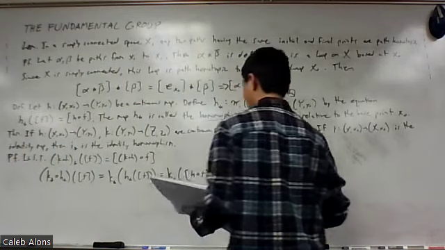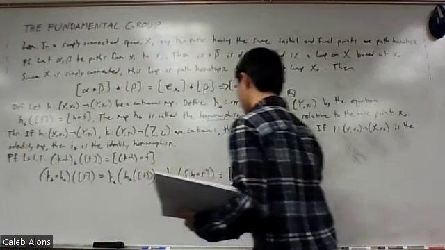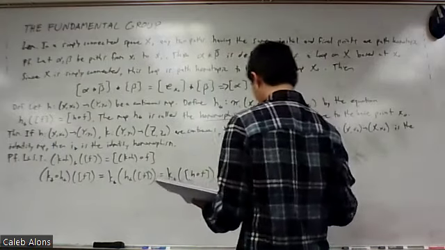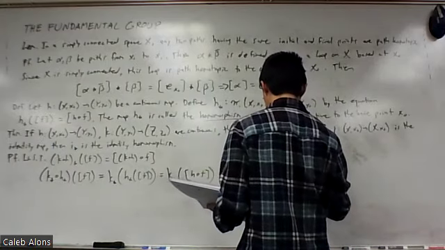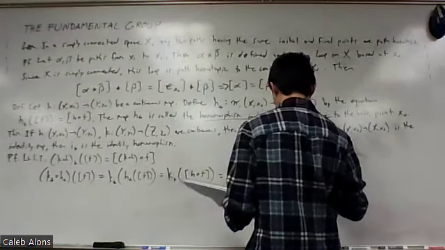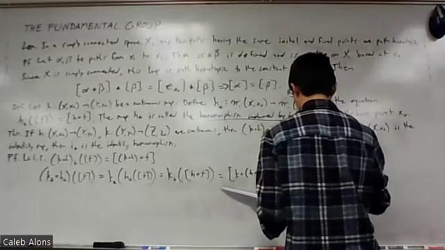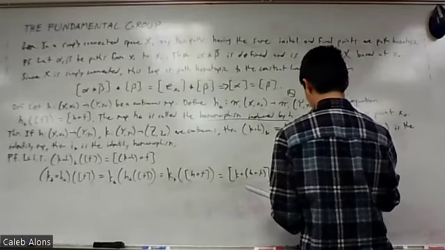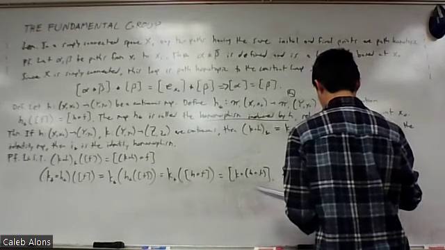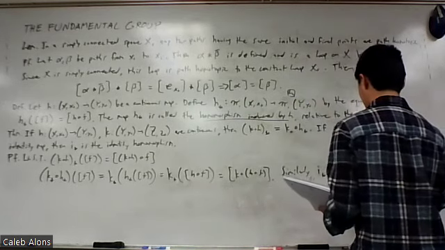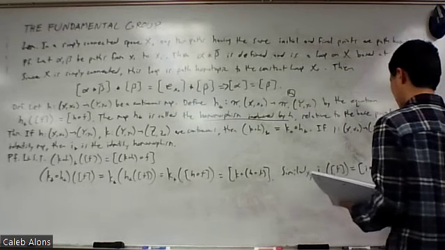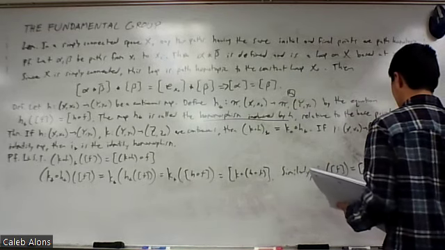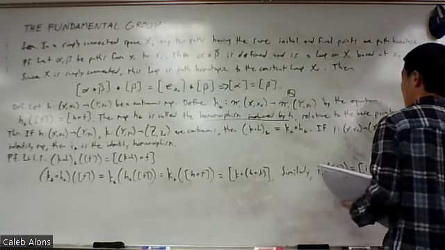And since composition is associative, k of h of f is the same as k of h of f. And then similarly, we can show that the identity homomorphism, if I put in some class, is just going to be i composed with f, and since that's identity, then so no change to that one.